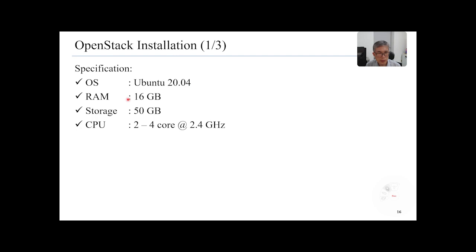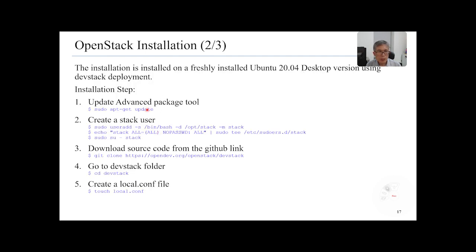For RAM, storage, and CPU, this is the minimum spec, and a multi-core CPU should be used. The OpenStack installation is done on a freshly installed Ubuntu 20 desktop version using DevStack for development.